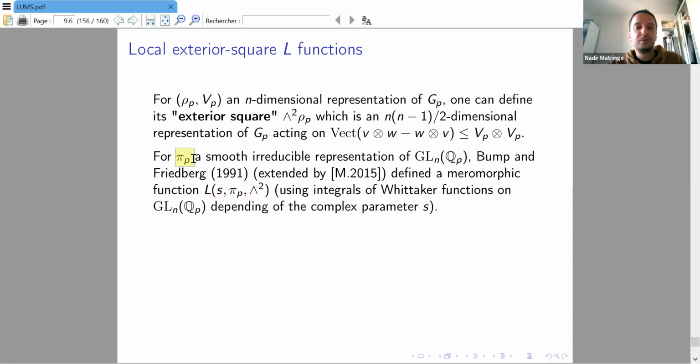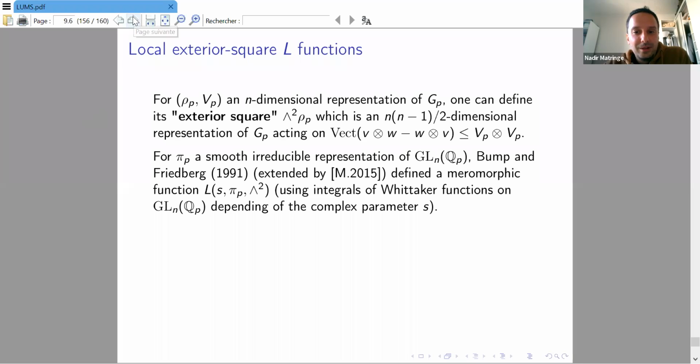It will be some kind of GCD of Rankin-Selberg integrals attached to Whittaker functions on GL_n(Q_p) inside the Whittaker model of pi_p. In any case, it's a very analytic process, but which turns out to be algebraic in the end and to define an Euler factor like this, which is the inverse of a polynomial in p^(-s).